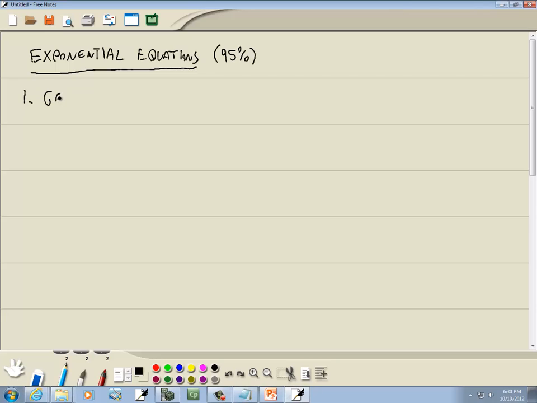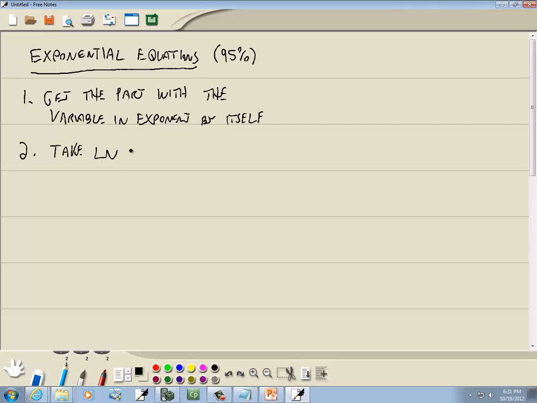Okay, first step. Get the part with the variable in the exponent by itself. We don't want any numbers in front of it, any numbers after it. We'll see this with examples. Step 2, take natural log of both sides. Take ln of both sides.